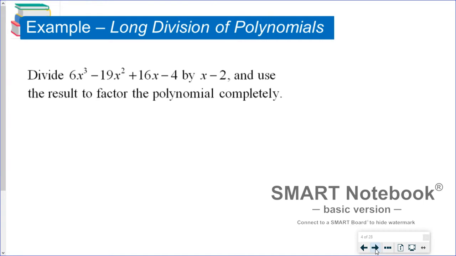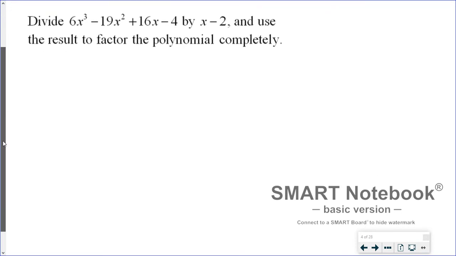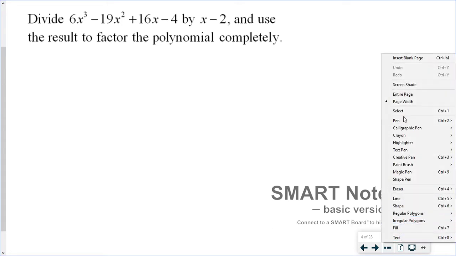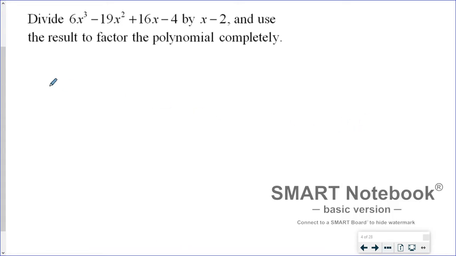All right, so we set it up just like long division, like we used to way back in 4th grade or whenever.